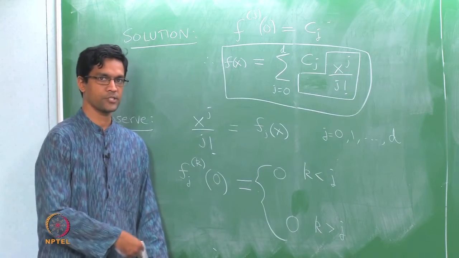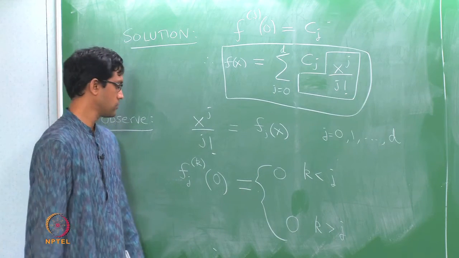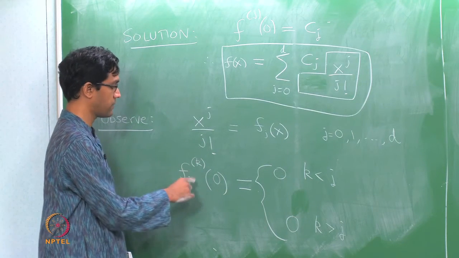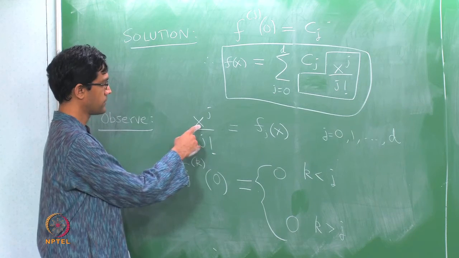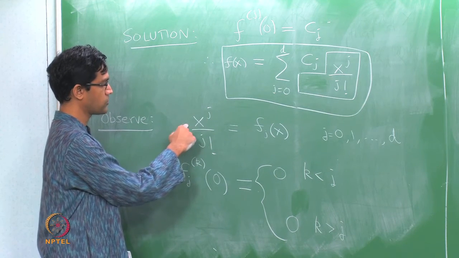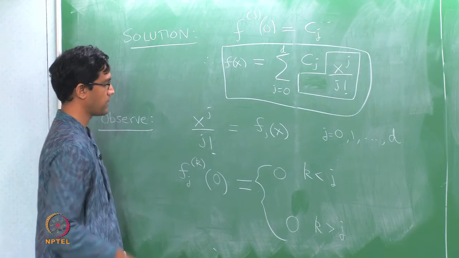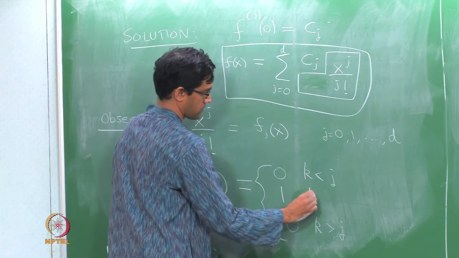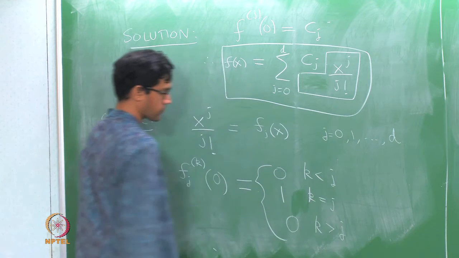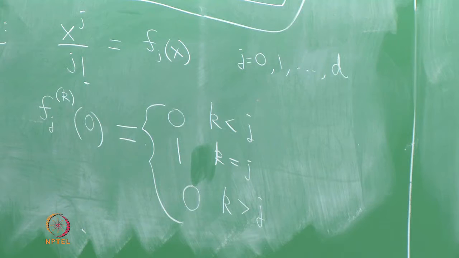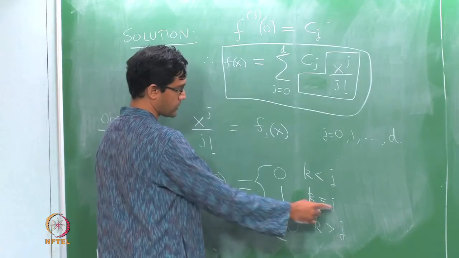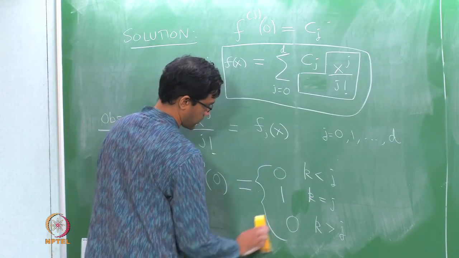But if you subject it to exactly j derivatives, then this is going to give you j into j minus 1 into j minus 2 and so on, and when you plug in x equal to 0 you will get exactly 1. So let us rewrite this: the kth derivative of fj at 0 is 1 if k equals j and 0 if k is not equal to j.